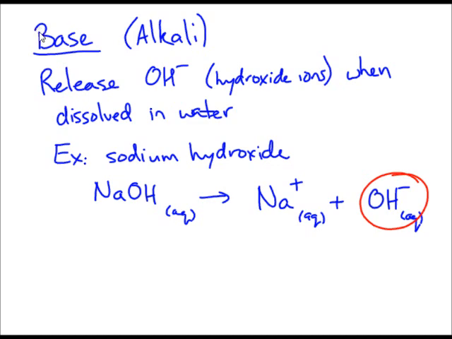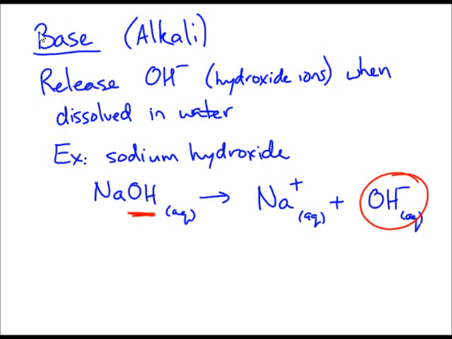Some substances don't have an OH directly in their formula, like sodium hydroxide. It's got the OH right in the formula. There are some bases that you come across that don't have it in the formula, but they still behave as a base. The hydroxide gets formed in a different way, and you'll focus on that more in grade 11 and 12 chemistry.